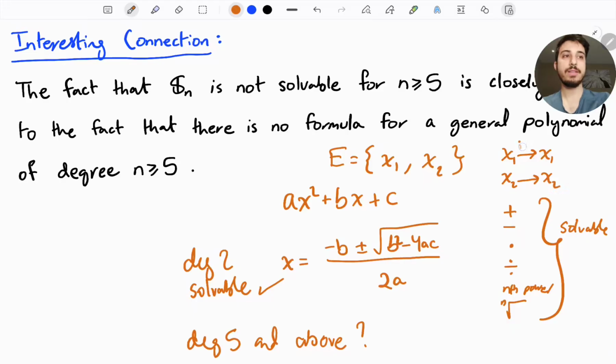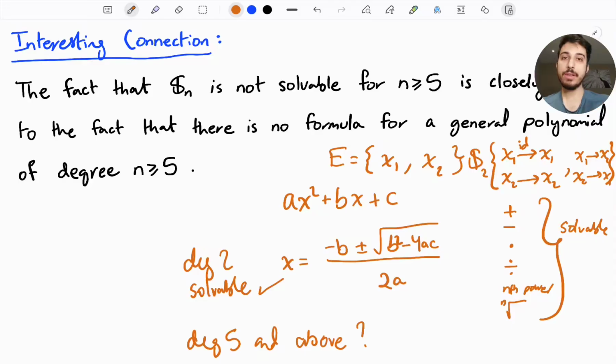So this is the identity permutation, exactly the way we took in symmetric groups. This is exactly S2, containing the identity permutation and the permutation that sends x1 to x2 and x2 to x1. So we find that we can get the group of permutations of the roots of the polynomial.